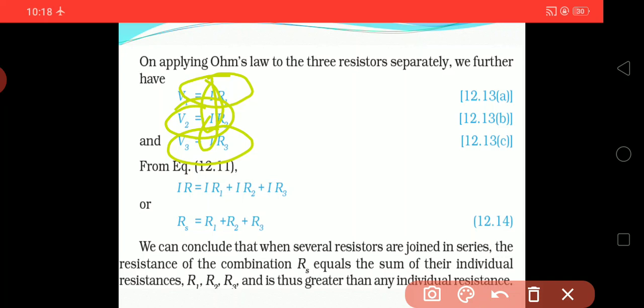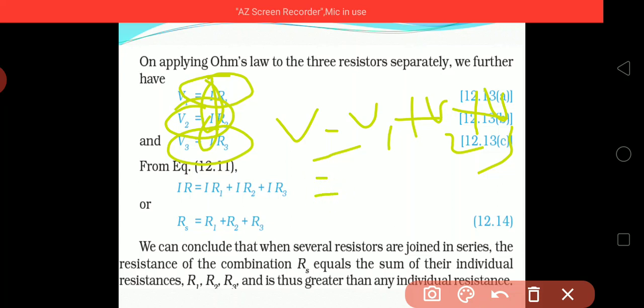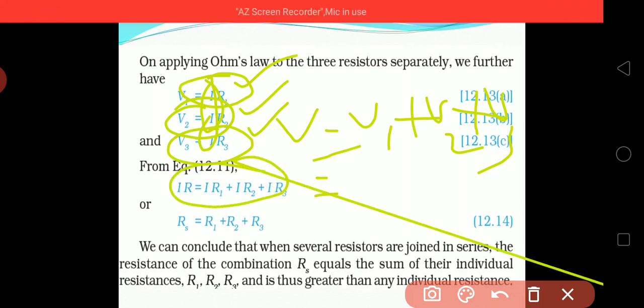The same way V3 is equal to IR3. Now we know that V is equal to V1 plus V2 plus V3. Here V1 is IR1, V2 is IR2 and V3 is IR3. Substituting that, we will get this equation.